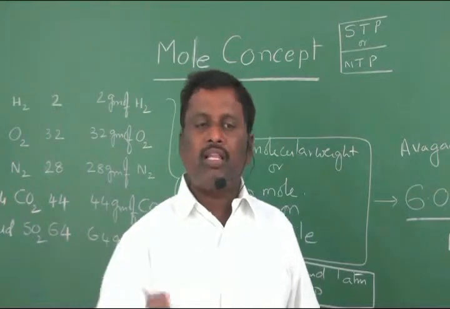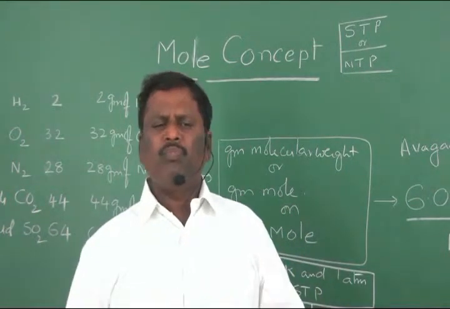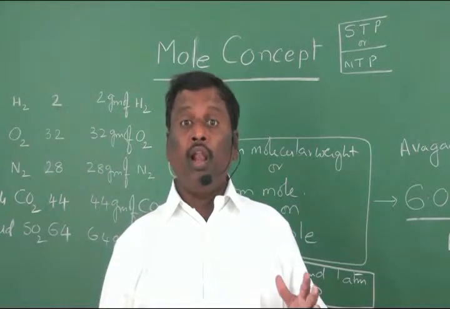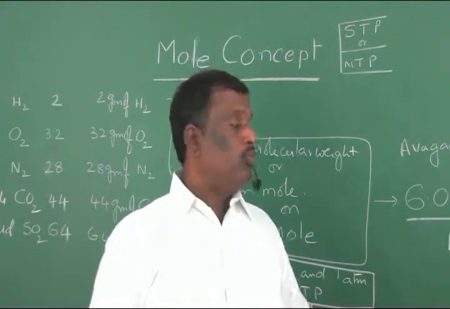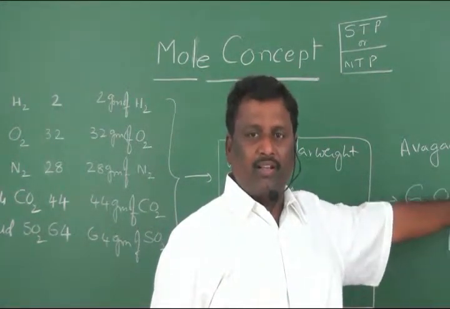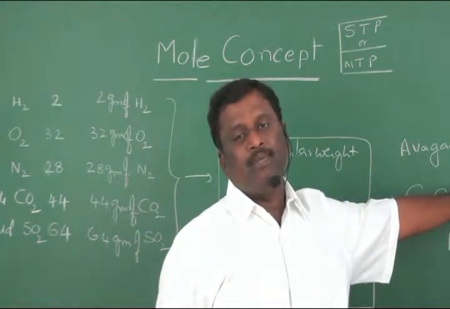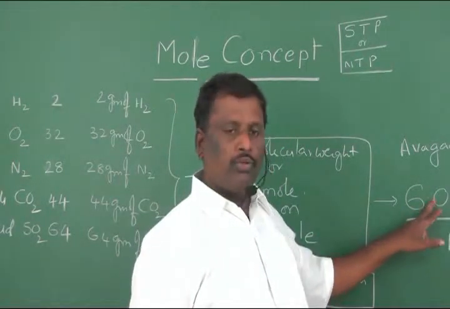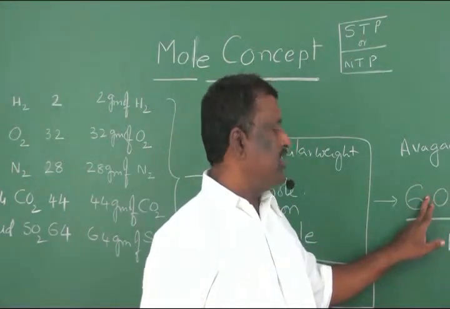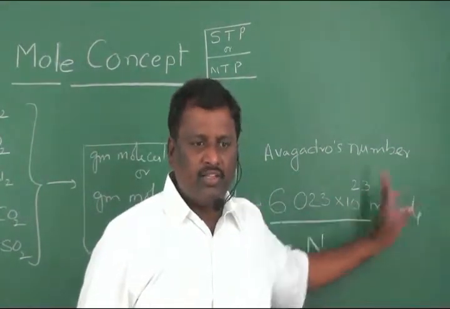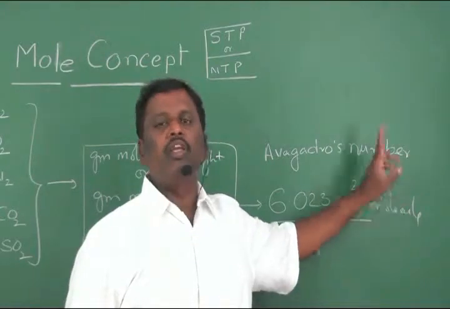If that number of books are there, we can say 1 mole of books. This is a very large number. So that's why we express it as an exponent, 10 to the power 23. If this power is not there, you have to remove this decimal and keep nearly 20 zeros here. Instead of that, we are mentioning 10 to the power 23.